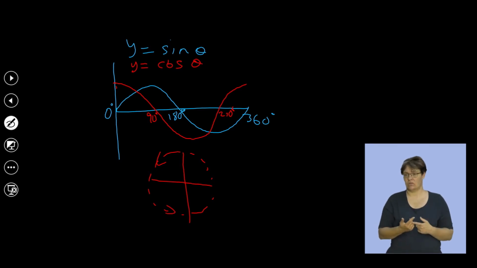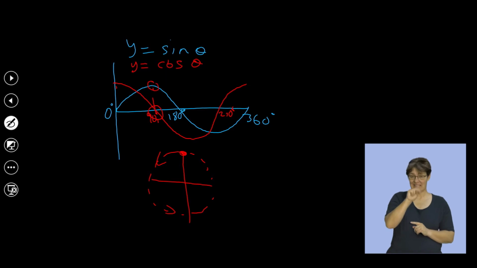So when it gets to the point here at 90 degrees, you can see that the graph of sine will actually have a value of 1, and the graph of cos will actually be 0. Hence, at that point, the graph of cos is 0, but the graph of sine has a coordinate of 1.